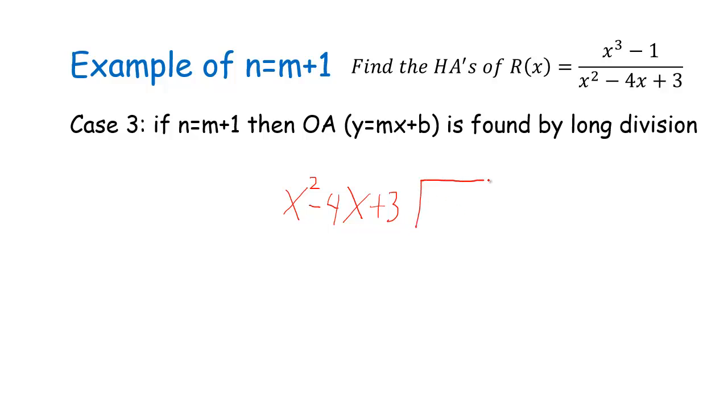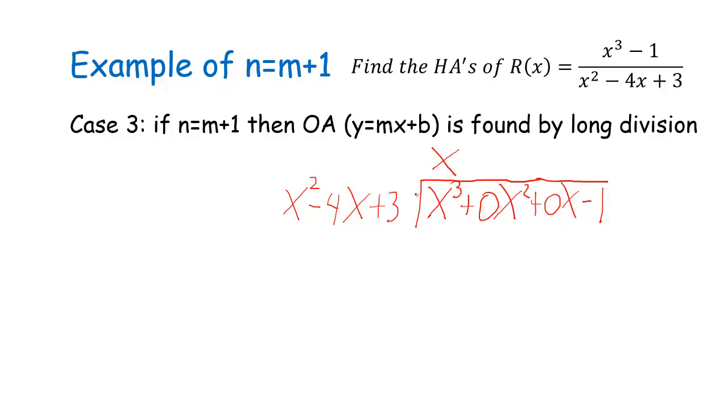Now when I do long division of polynomials, I like to use placeholders for missing terms. So x cubed plus 0x squared plus 0x minus 1. All right, x squared goes into x cubed x times.